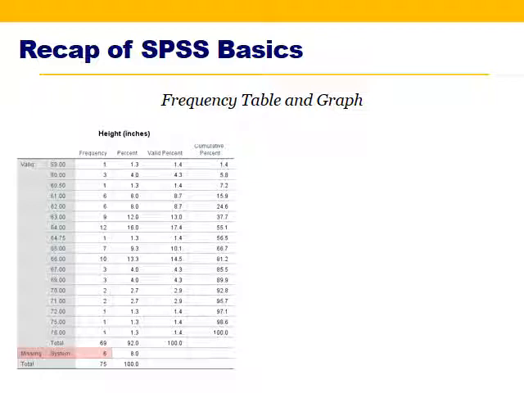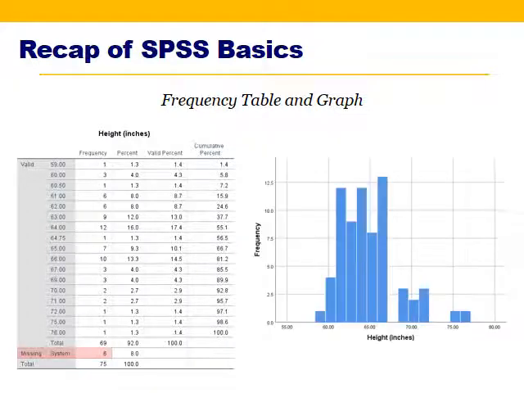What that tells us is the percentage of people who answered this question who are of that particular height. So for example, 17.4% of the people in the class are 64 inches tall. 17.4% of the people who answered this question, I should say, are 64 inches tall.